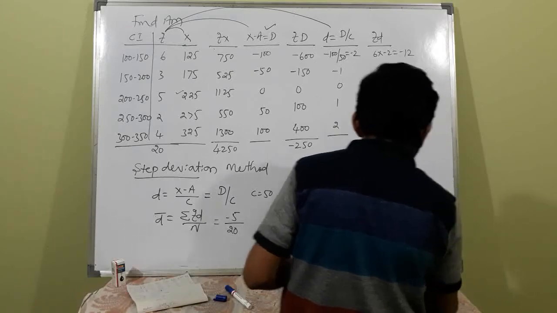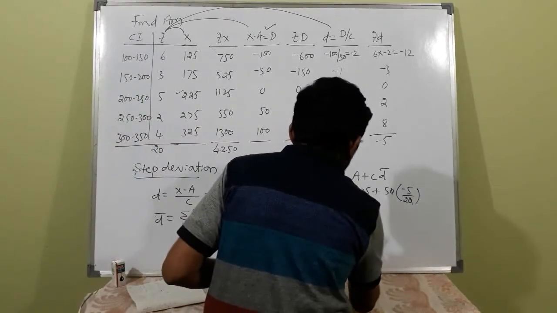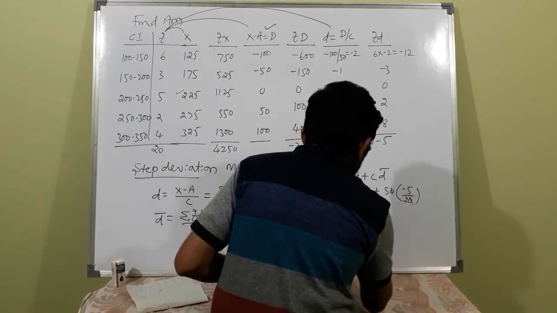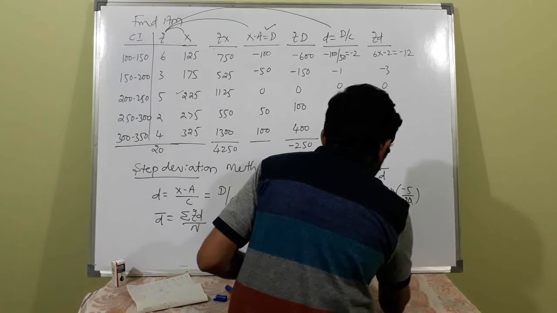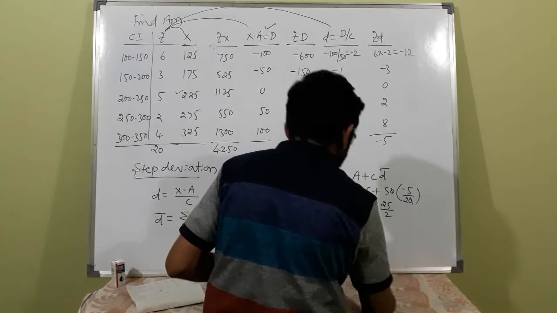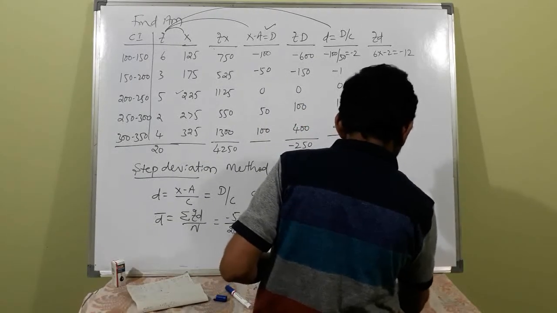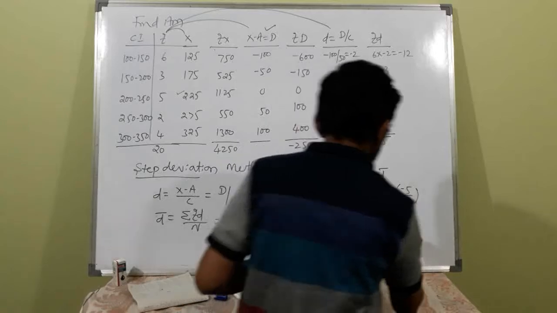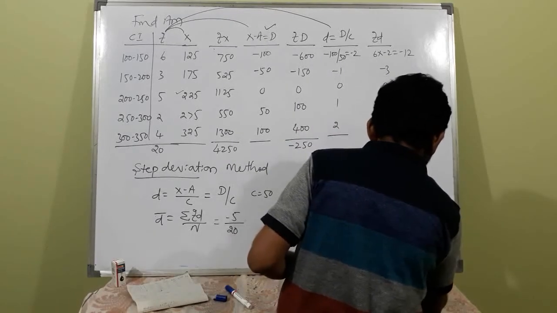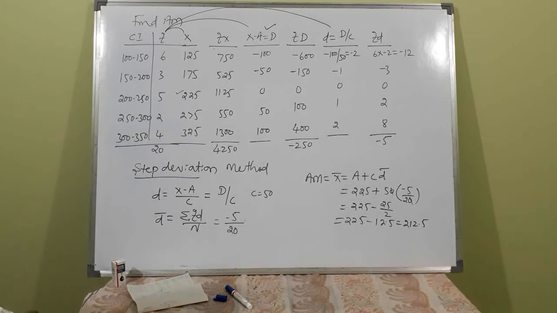So 0 gets cancelled. Minus 25 by 2. 225 minus 25 by 2 means 225 minus 12.5, which is equal to 212.5. So you got the same value here also.